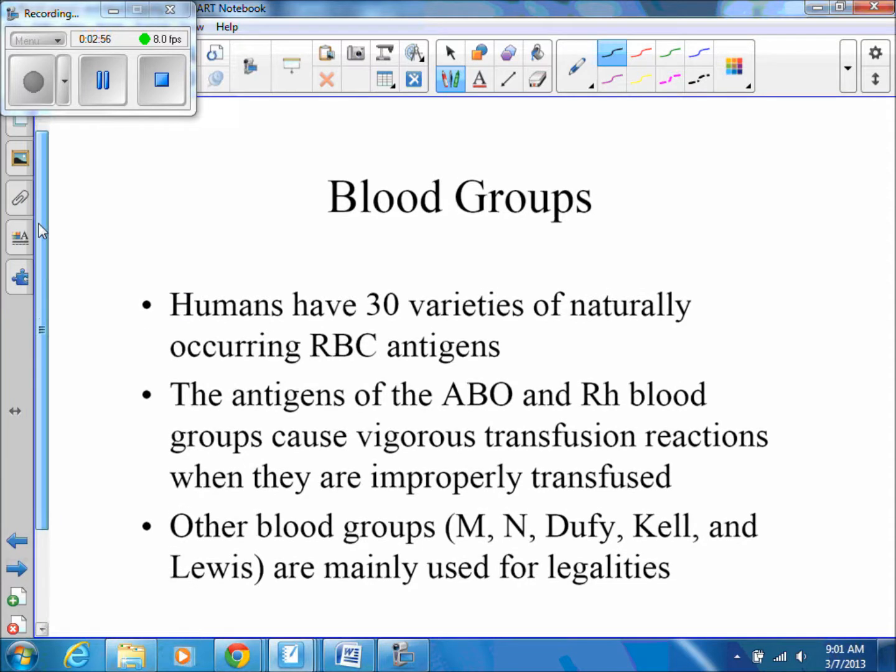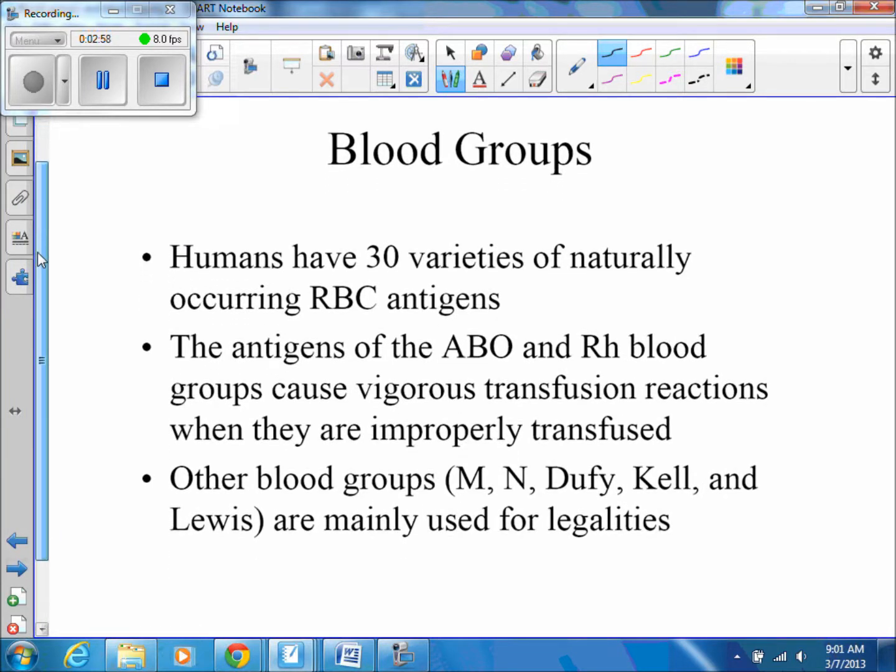All right, so in reality, there's actually about 30 different antigens that stick off of our red blood cells. But again, the ones we focus on are the A and the B, which are part of what we call the ABO system. And we also focus on RH because those are the ones that if you receive the wrong type of blood, your body will attack vigorously.